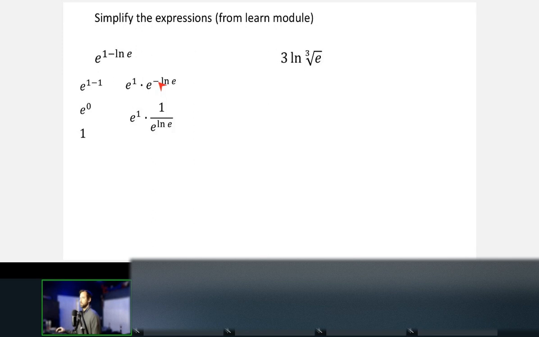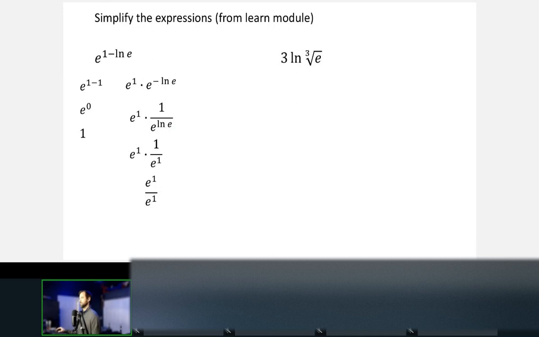Does everyone see that? Because of the negative, we moved it from the numerator to the denominator. And then we're going to multiply these together. And natural log of e becomes 1.